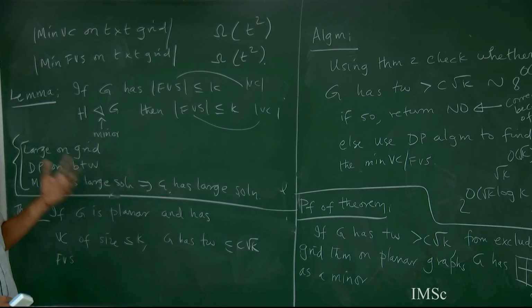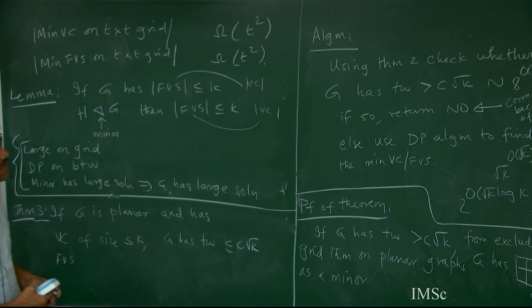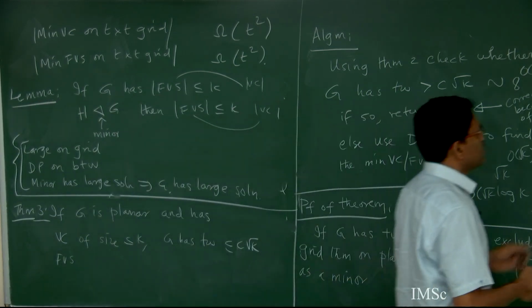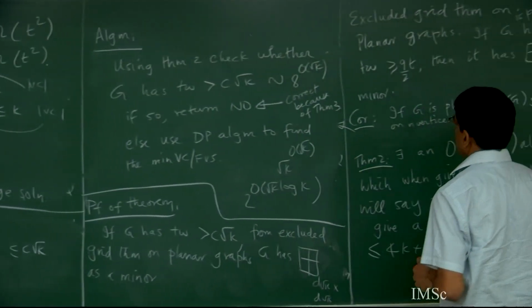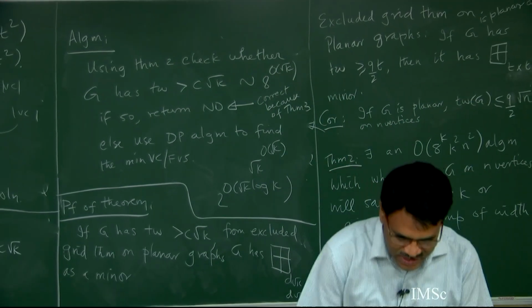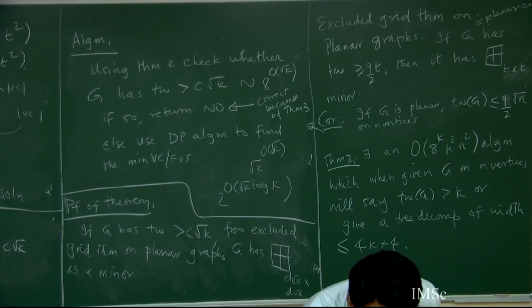Okay, but to handle that kind of thing, there is another excluded grid theorem, which has a slightly larger dependence on T, for H contraction.